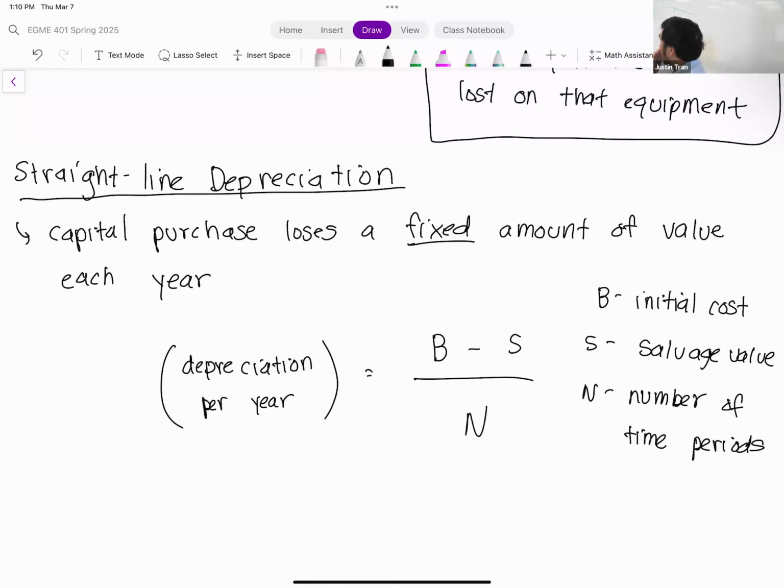That's really all there is to straight line depreciation. How this factors into our cash flow calculations we'll do in the next example.